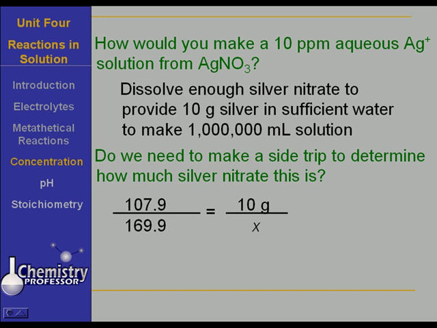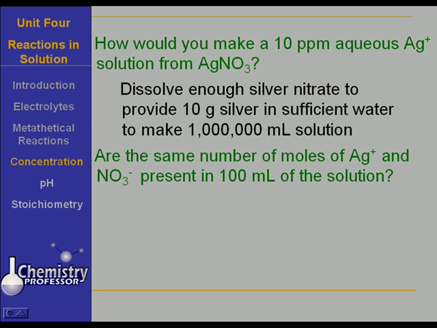We take the atomic weight of silver to the molecular weight of silver nitrate as 10 grams of silver is to X. And X comes out to be a little bit less than 16 grams of silver nitrate. So, to make a silver nitrate solution have sufficient silver to provide 10 grams of silver in 1,000 milliliters of solution, we would need to dissolve 16 grams of silver nitrate.